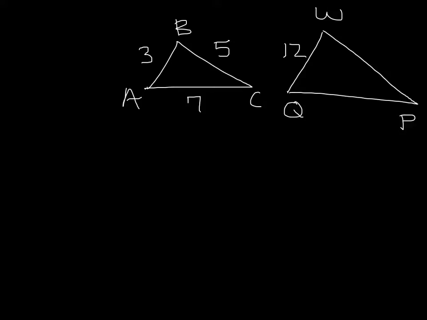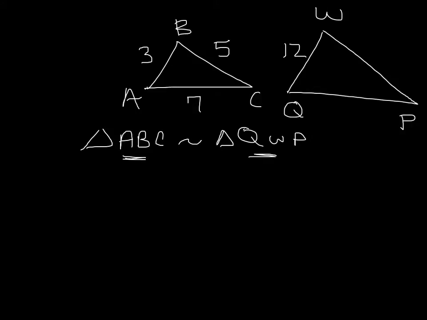And if I further tell you that triangle ABC is similar to triangle QWP, then what I can assume is the ratio of AB to QW would have to be equivalent to BC compared to WP, or AC compared to QP.